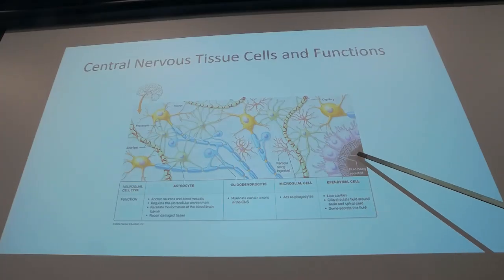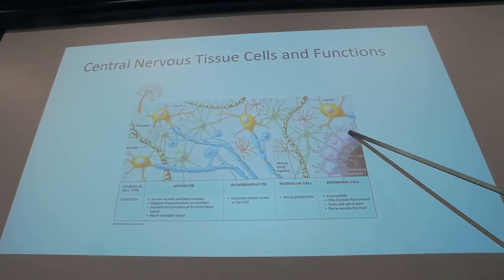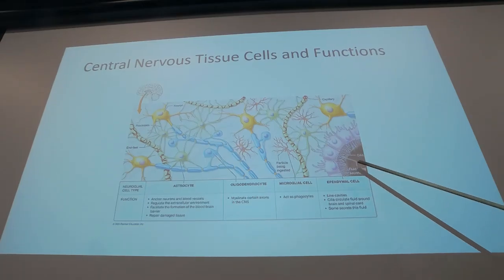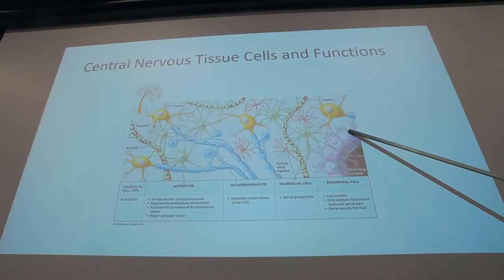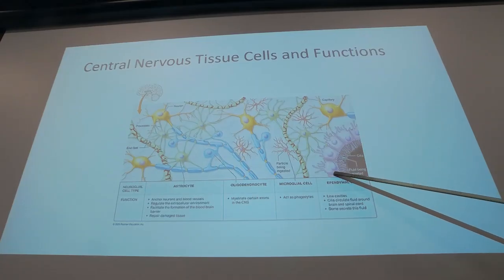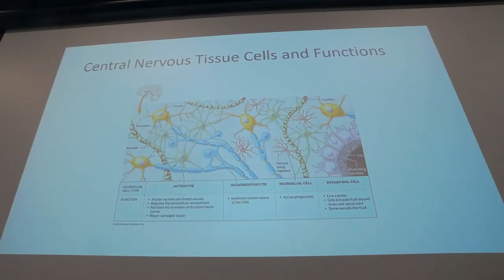And then here we have these ependymal cells. These are the ones that line the ventricles, the cavities in our brain, and produce and circulate the cerebrospinal fluid. And these ependymal cells, we also have them in the central canal in the spinal cord.